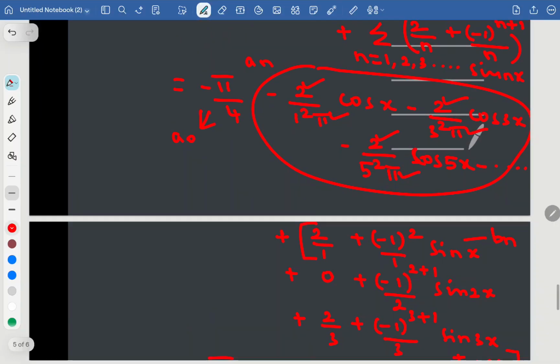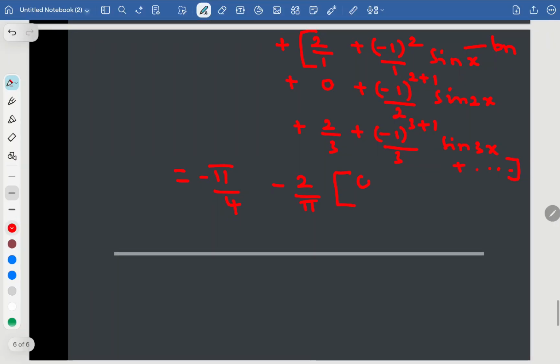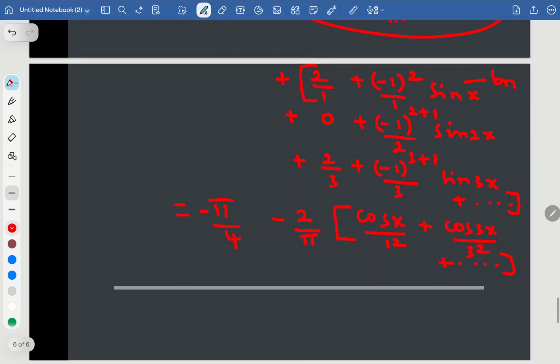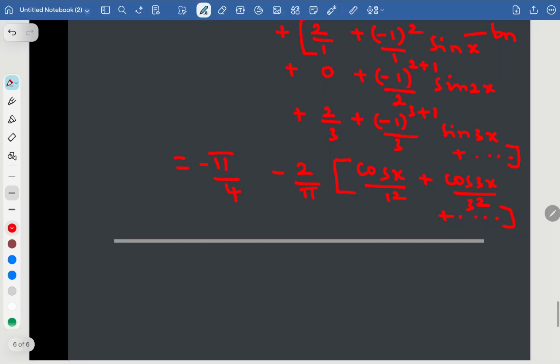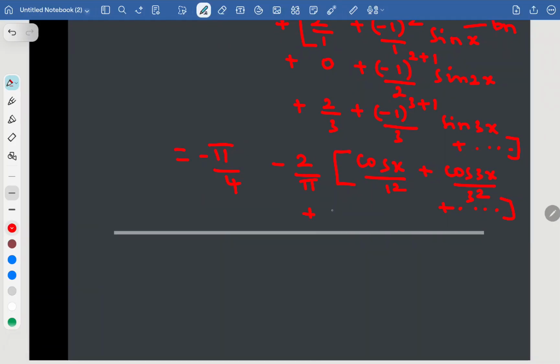Remaining term cos x by 1 square plus only odd term cos 3x by 3 square plus dot. See here, minus 1 square is plus 1. 2 plus 1, 3. 3 by 1 sin x. That is 3 sin x by 1.